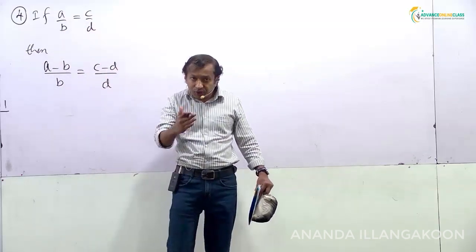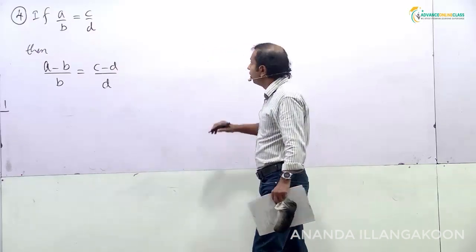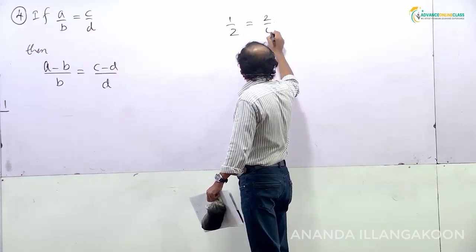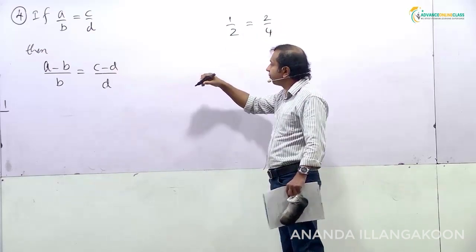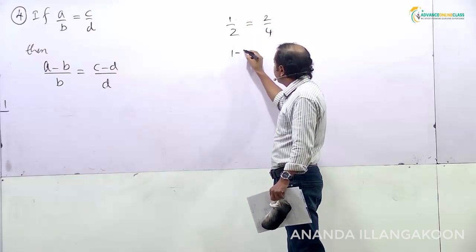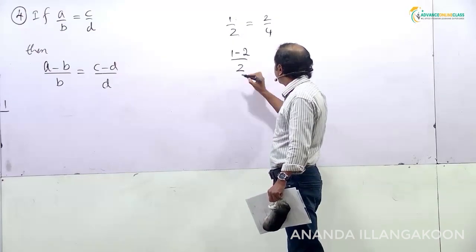Understand? So here also, we can take a certain numerical example and prove. For example, half equals 2 over 4. Apply this result. We take this 2 to the numerator and subtract it from the numerator, divided by 2.